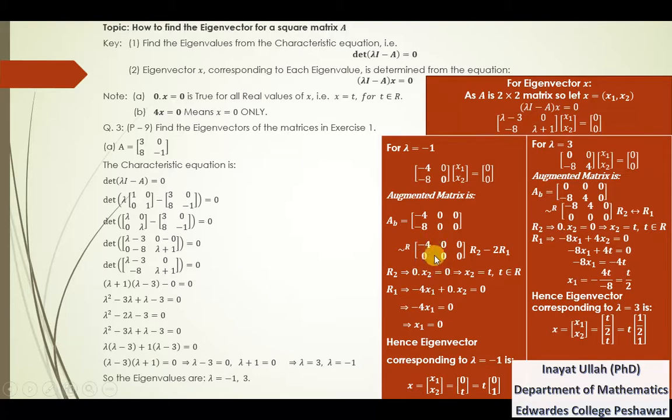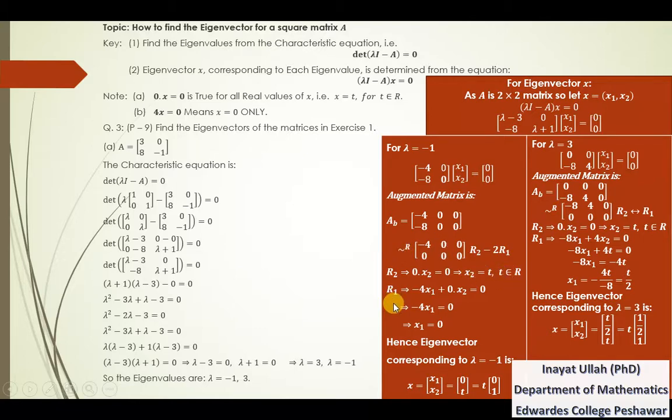So from row 2, 0 into x2 is equal to 0. From this idea, 0 into any x equal to 0 means x is t, where t is any real number. So row number 2 implies x2 is equal to t, where t is any real number.